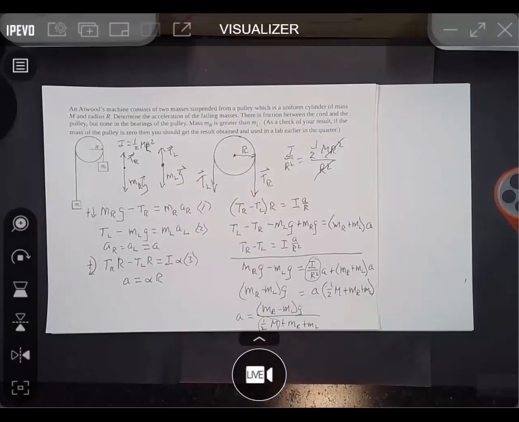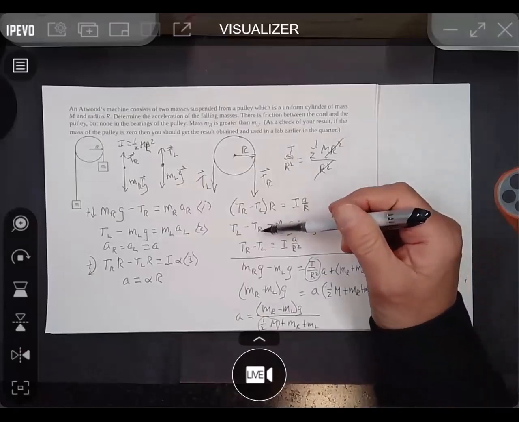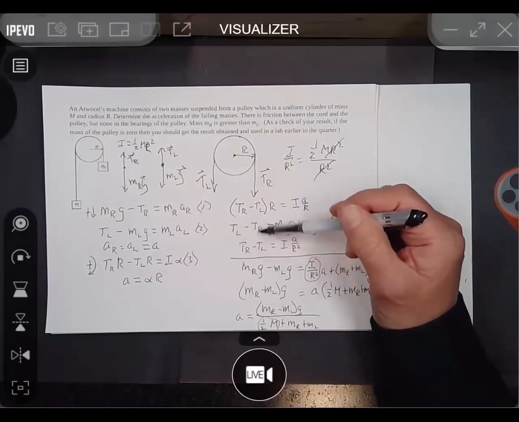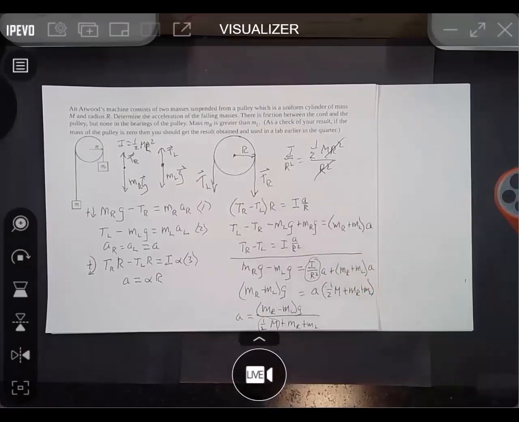And if you have a frictionless pulley, that happens to be the case. But here, we couldn't make that assumption. And so I had to eliminate the two tensions as a pair. And I was able to do that with the stuff that I have here. So a more challenging problem here.